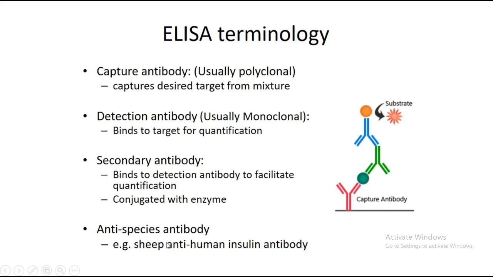In most cases, it'll be human. In the clinical setting, all antibodies in a clinical lab will be directed against a human target. Just remember that the secondary antibody is always anti-human, and it's always targeted at the Fc region of the antibody.